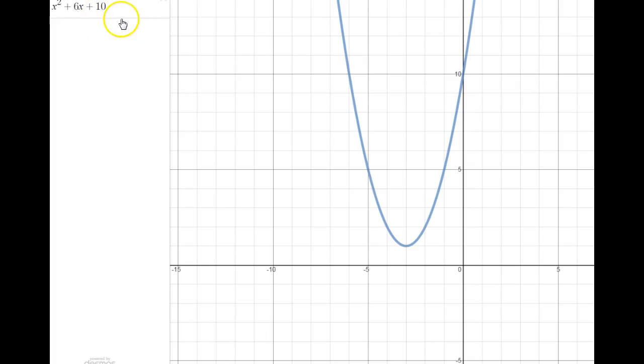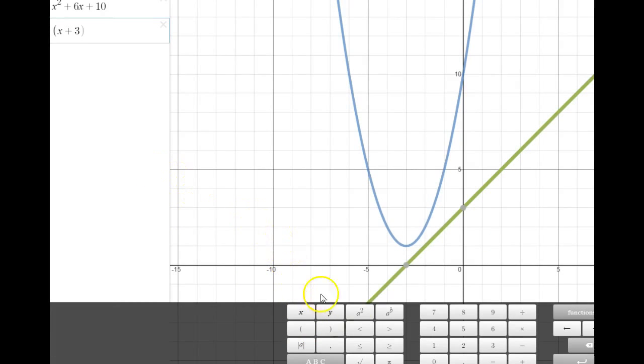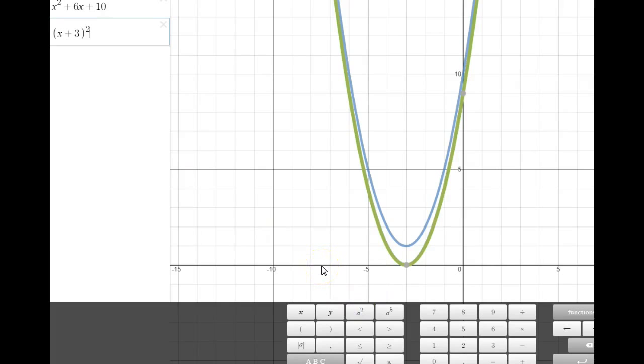So just to make sure I got that right, I graphed this in Desmos, the x squared plus 6x plus 10. And now I'm going to graph the x plus 3 quantity squared plus 1. And if I'm right, it should be exactly on the other graph. So that means that these two things are equivalent.